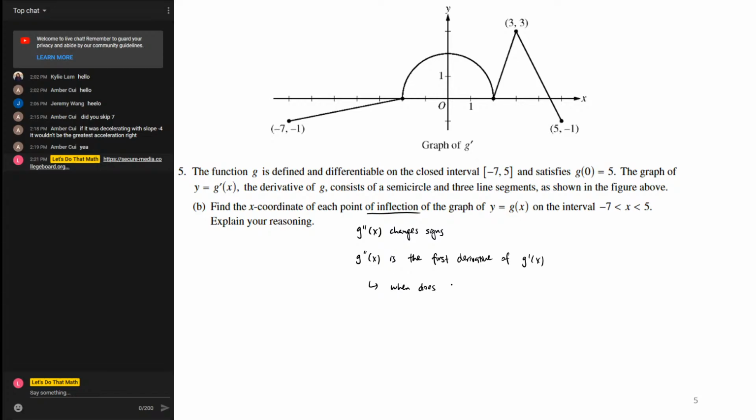does g prime of x switch from decreasing to increasing, or the other way around, or increasing to decreasing.